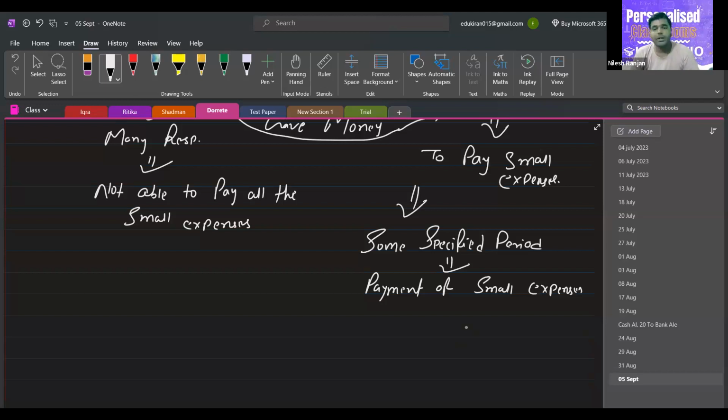After completion of that period, he will go again to the senior accountant and give his report, so that the senior accountant is satisfied that all the expenses are correct, and then he will give some money again to the petty cashier.